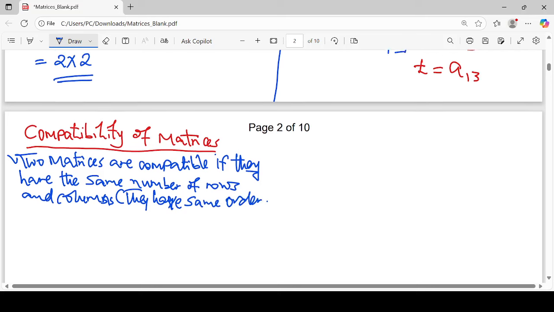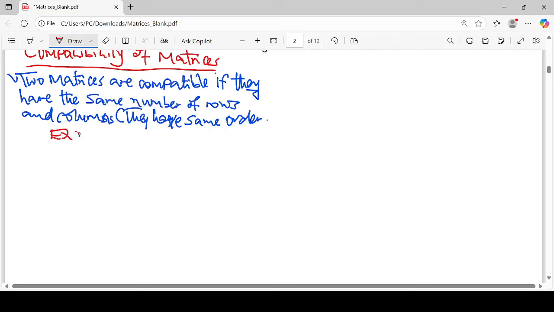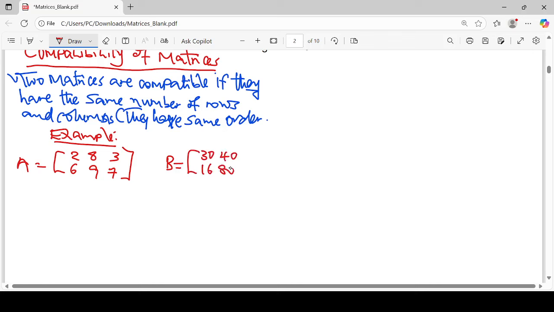Maybe let me give an example to explain what we mean. If I have matrix A whose elements are maybe 2, 6, 8, 9, 3, 7, that is a 2 by 3 matrix, and it happens that I have another matrix B whose elements are maybe 30, 16, 40, 80, maybe 10, 7.